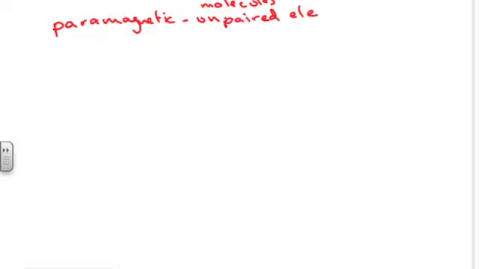Paramagnetism is when molecules with unpaired electrons are attracted to a magnetic field.